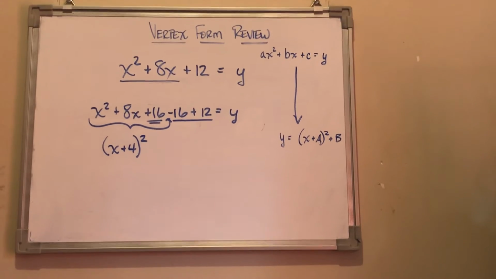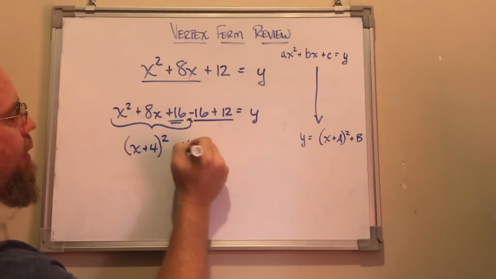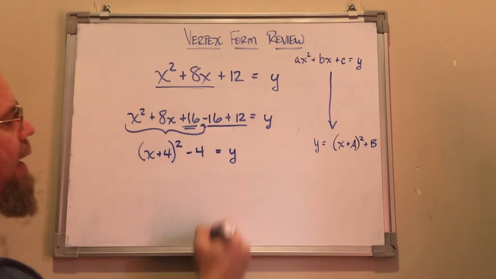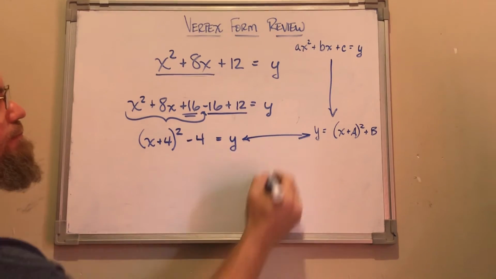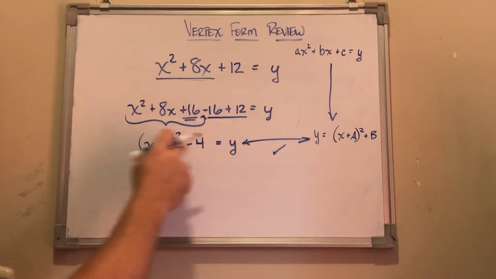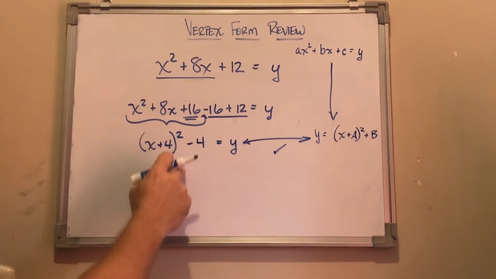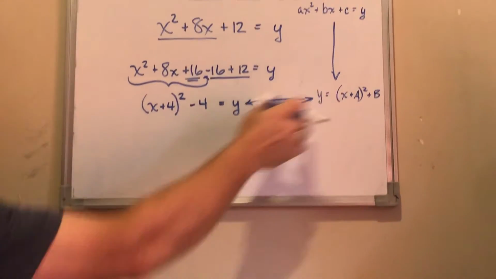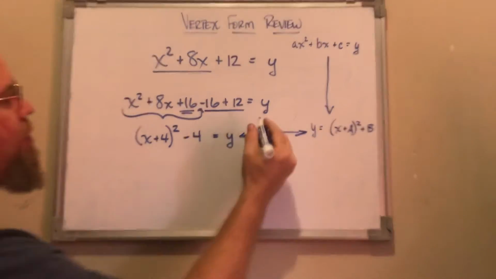What does negative 16 plus 12 equal? Well, that equals negative 4, equals y. Does this not look like that form? Y equals a perfect square, x plus 4 squared, plus another constant. So now we have it in the vertex form.